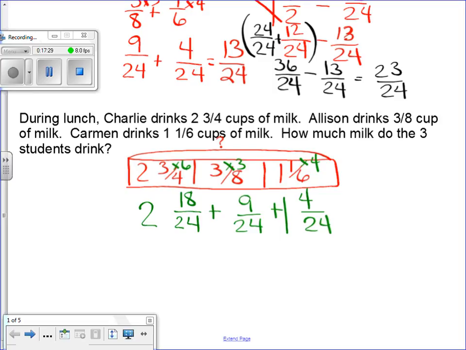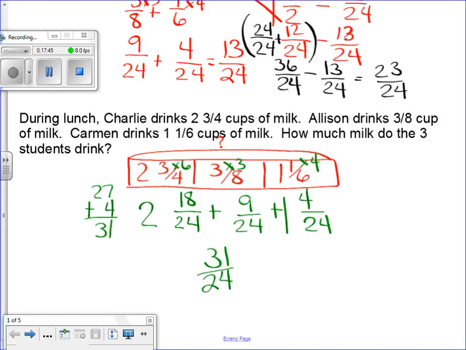So we have 8 plus 18 plus 9, 27, 27 plus 4, 31.